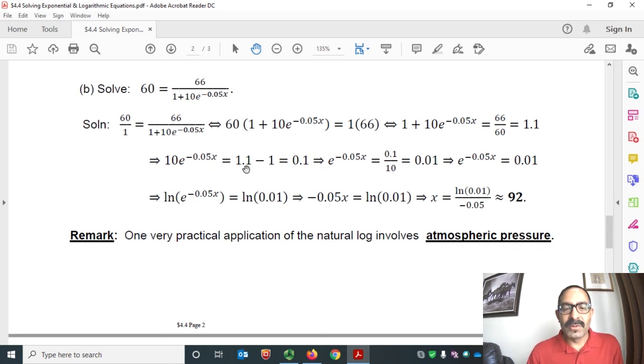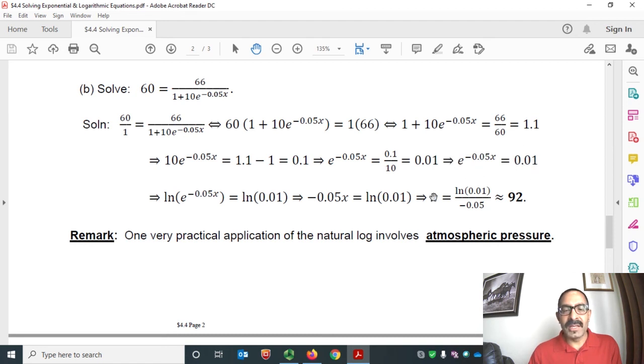Then 1.1 minus 1 is simply 0.1. Next, divide by 10. Then we have e to the power negative 0.05x equals 0.01. And now we know how to solve exponential equations. Now it's reduced to an exponential equation.